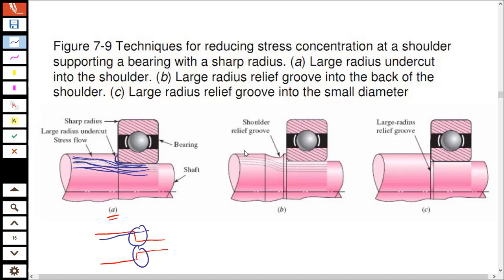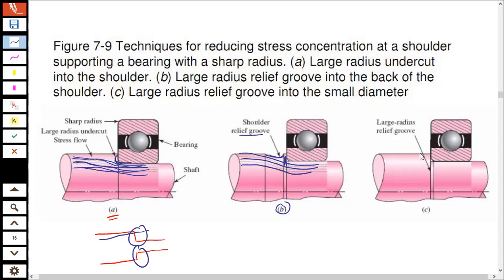Similarly, in figure B, there is a shoulder relief groove given over here. This is the shoulder relief groove. So at the bigger diameter, you give this shoulder relief groove where this is the shoulder, right? So your stress concentration again will be eliminated over here.